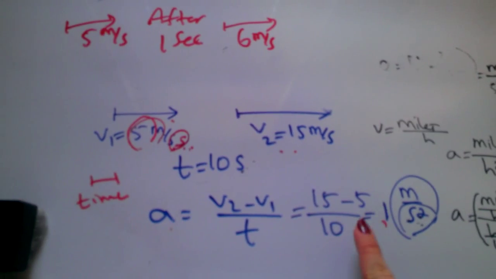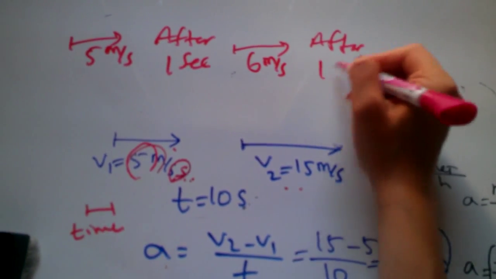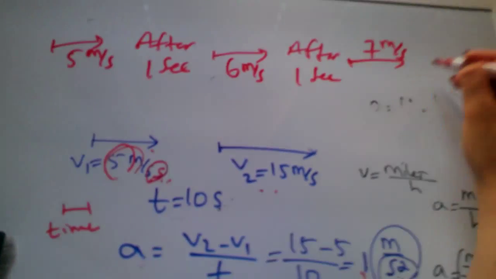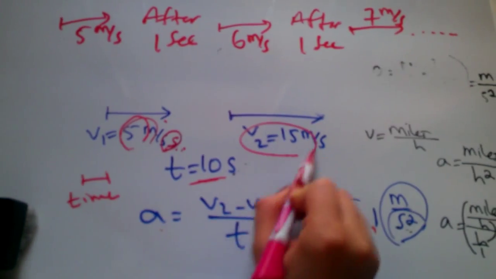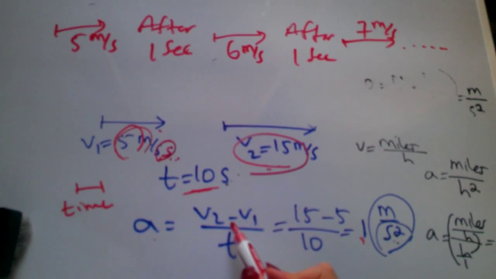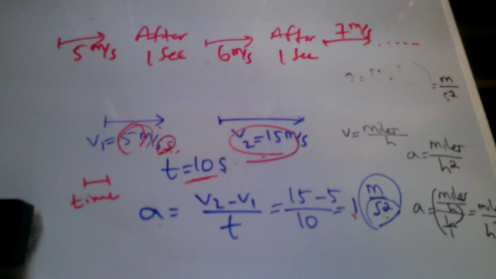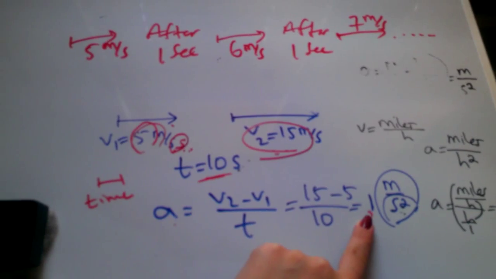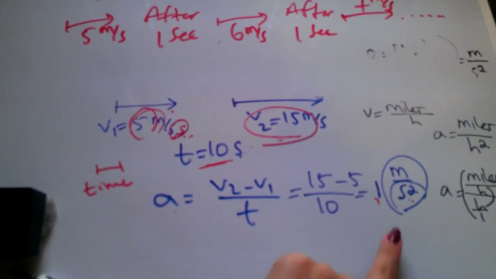After another second, add another one, becomes 7 meters per second. You do this for 10 seconds, and in the end, you end up with a velocity of 15 meters per second.